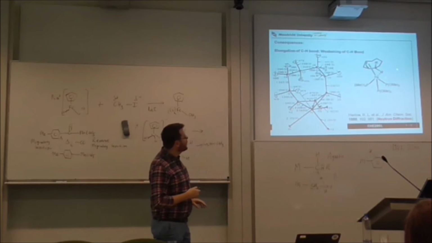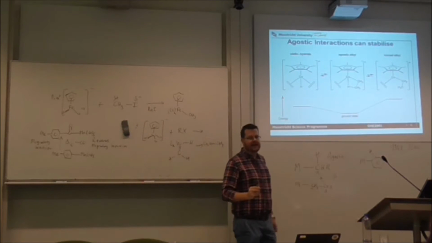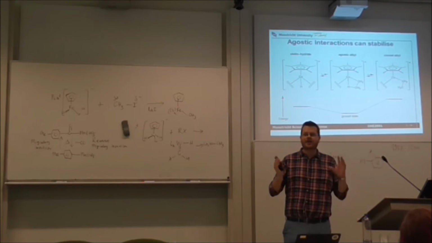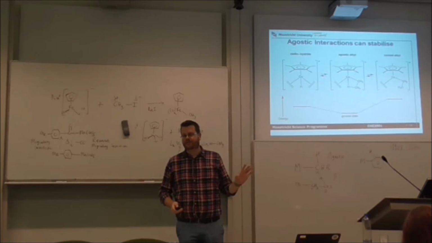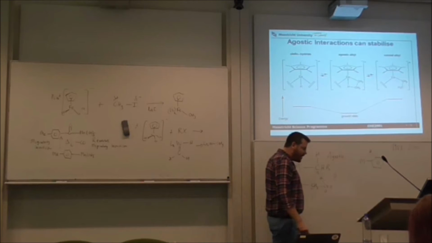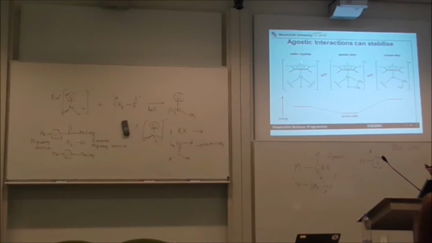Okay, that's the story of agostic interactions, and they're very, very important in organometallic chemistry. Please understand the notion of an agostic interaction because you will see it everywhere. There are various consequences. First of all, sometimes they have a stabilizing effect. Here we have an example of a cobalt compound. You can see it undergoes various equilibria.